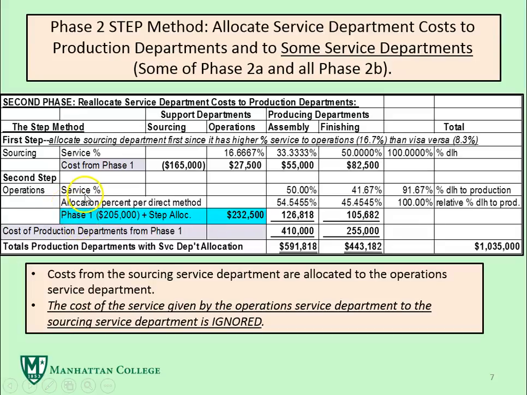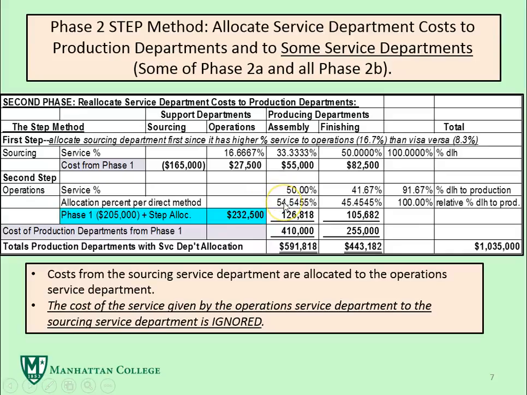Now we're going to allocate the operations department, but we only are going to allocate it to the next 2 departments going forward, since it already contains some costs from the sourcing department. So the operations department now has, instead of the $205,000 in phase 1, a step allocation of $27,500, leading to a new cost, phase 1 plus the step allocation, of $232,500.